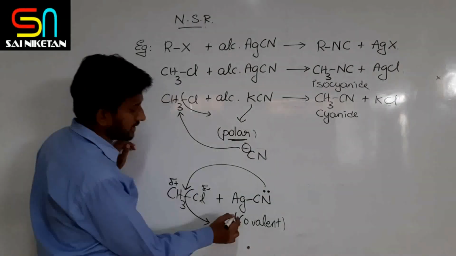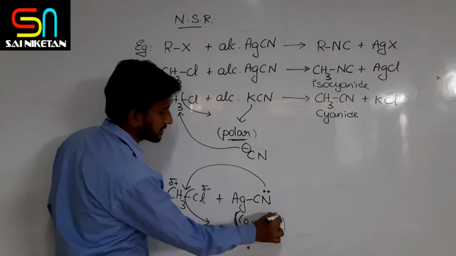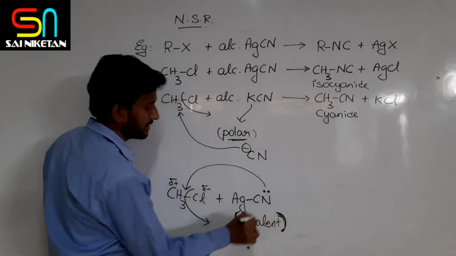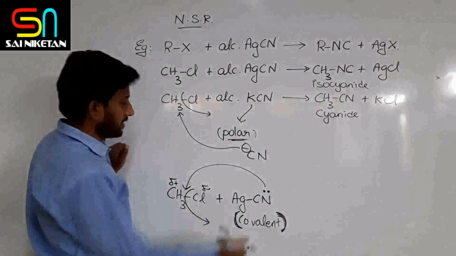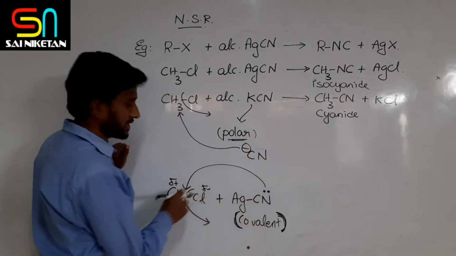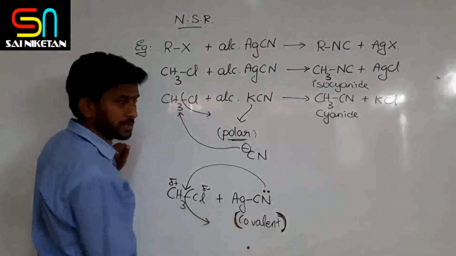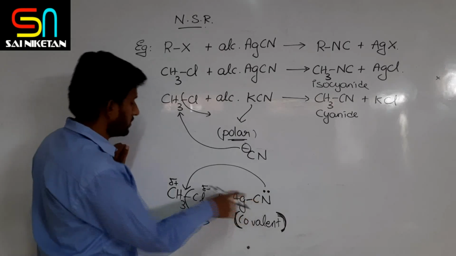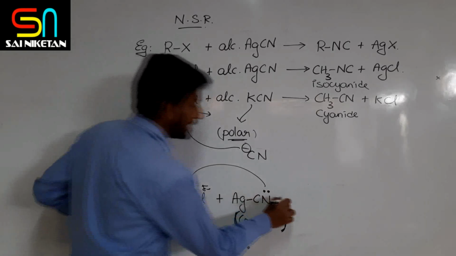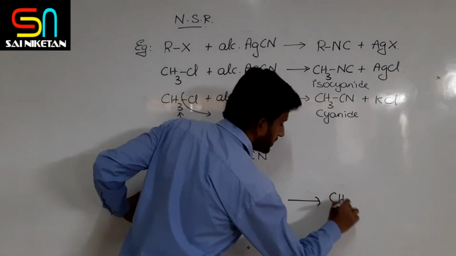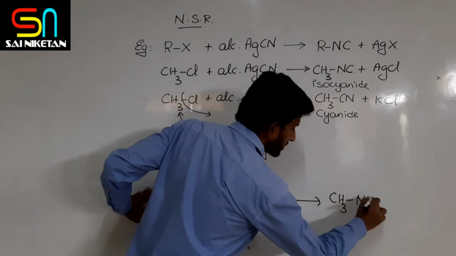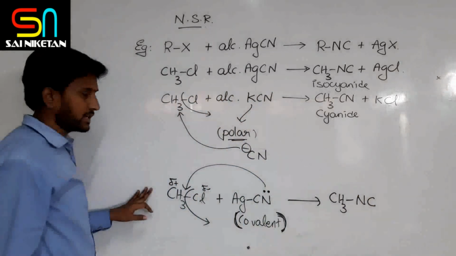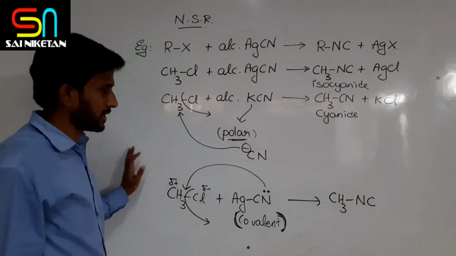So due to the covalent nature of silver cyanide, nitrogen initiates the reaction with its lone pair. So you will get a nitrogen atom attached to the carbon.